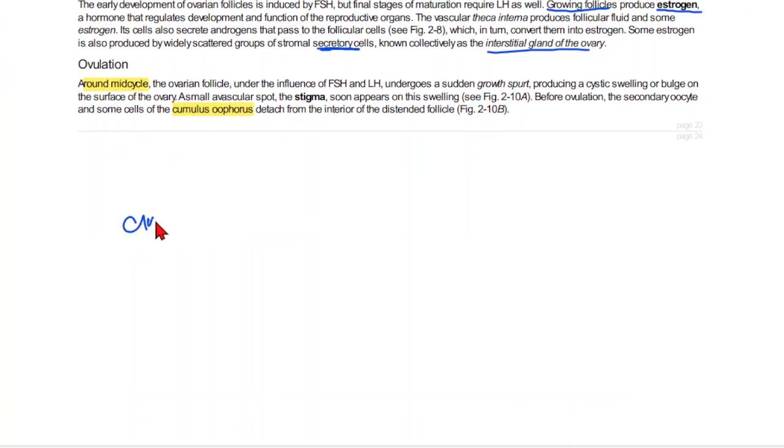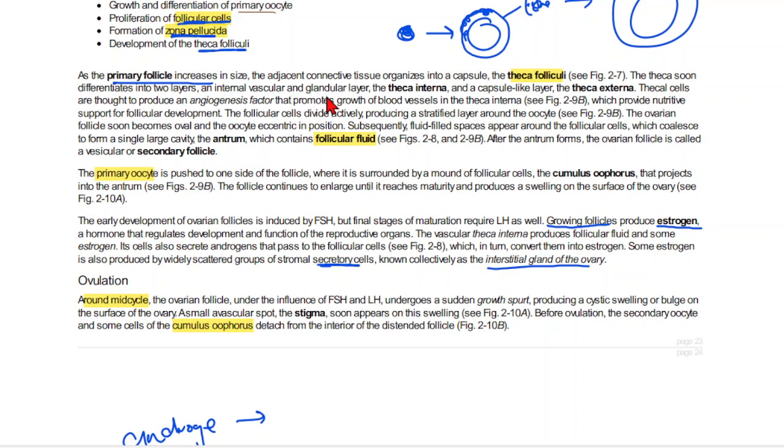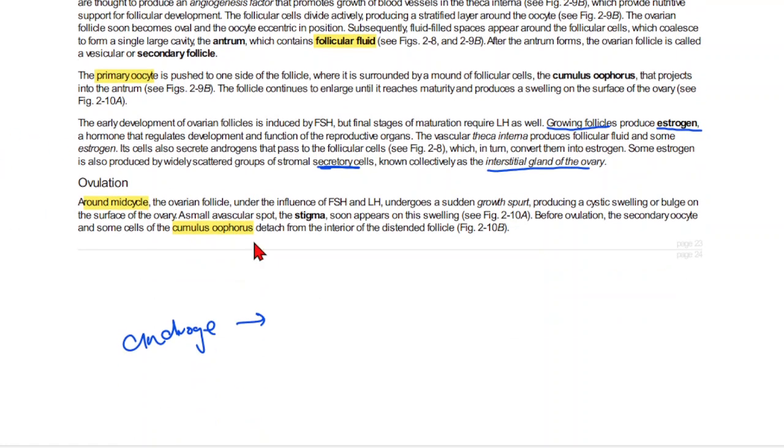For example, androgens are secreted by the theca, and these androgens are released from the theca externa and converted into estrogens.